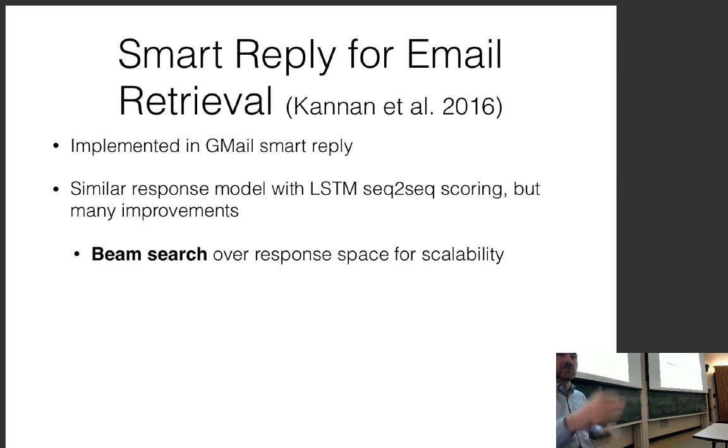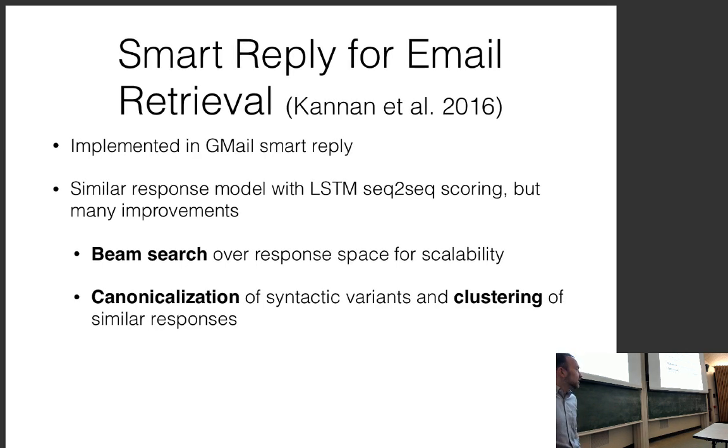You score all of the prefixes with a sequence-to-sequence model until you get an output. They also canonicalize syntactic variants and cluster together similar responses. So if you have "I do not think that's a good idea" and "I don't think that's a good idea," these would all be combined together into a single cluster.